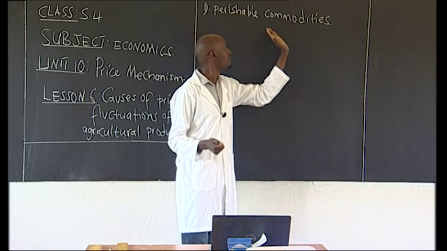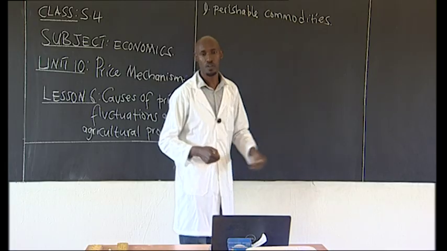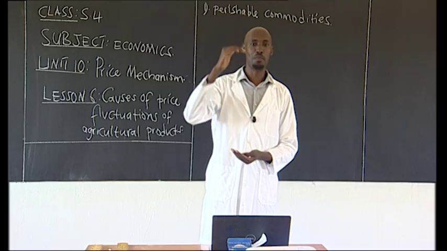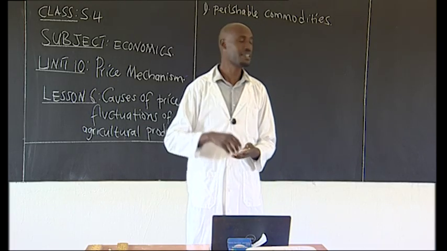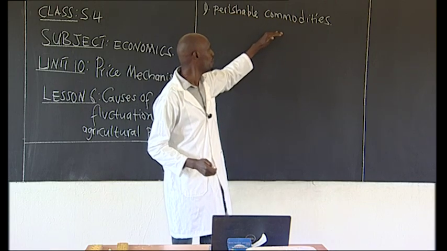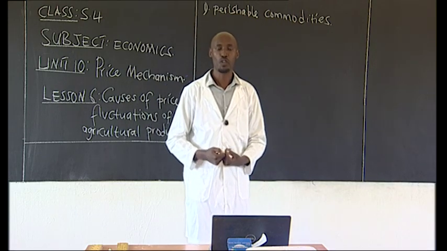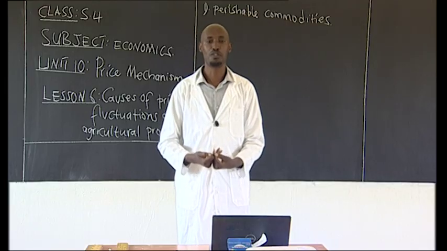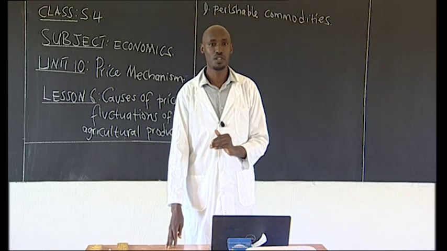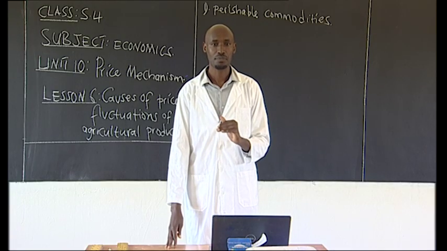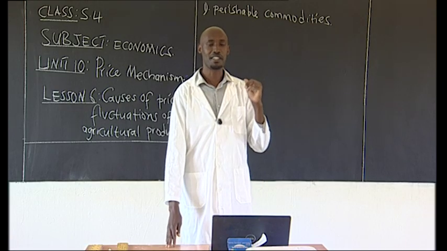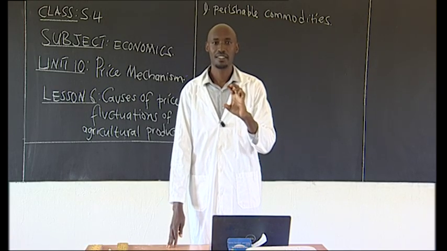So with the perishability of a commodity, sometimes you end up selling at a low price, because you cannot wait until tomorrow, or for another day, to see that the prices do what?